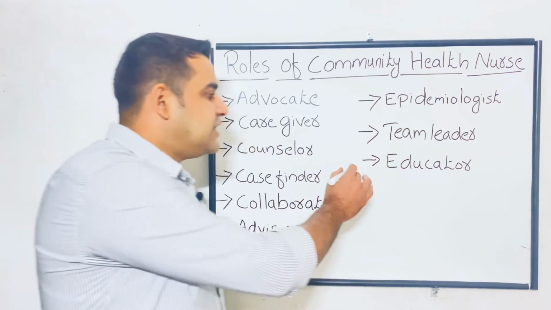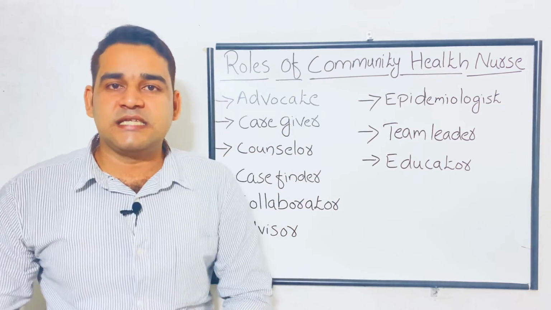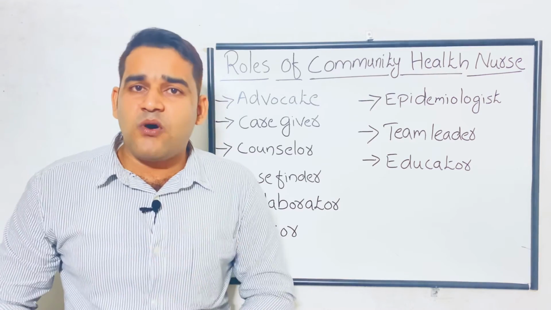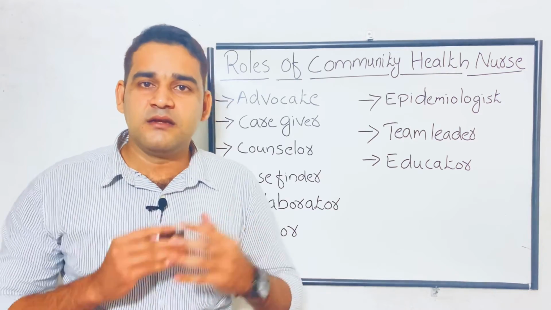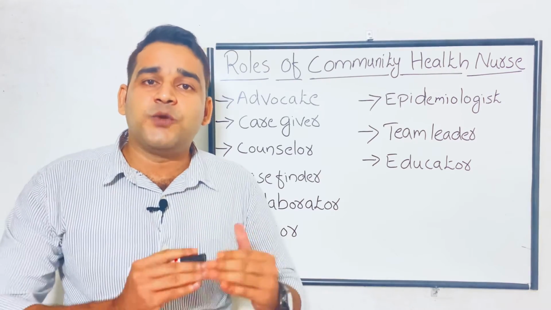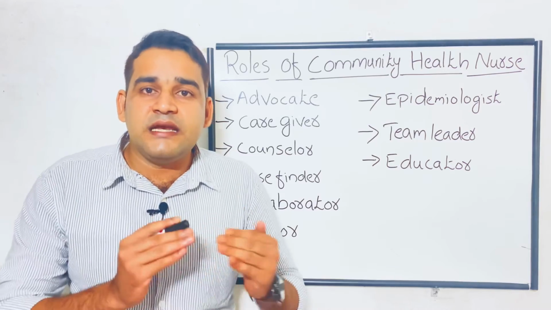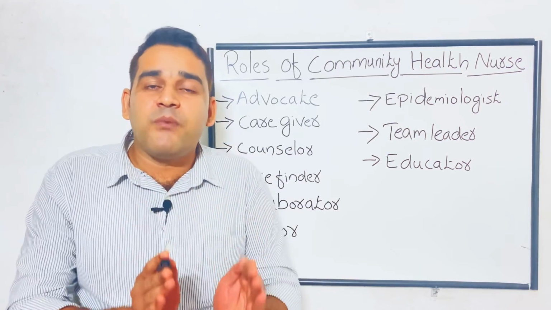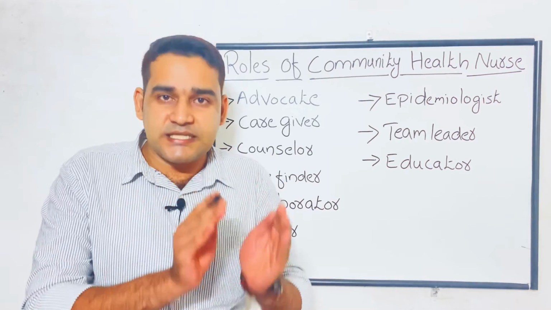Next role is educator. Next role of the community health nurse is educator. So the ultimate aim of the community is to prevent the disease as well as to promote the health. To prevent the disease, the nurse should inform or the nurse should educate regarding the importance of vaccination, that is importance of the immunization.